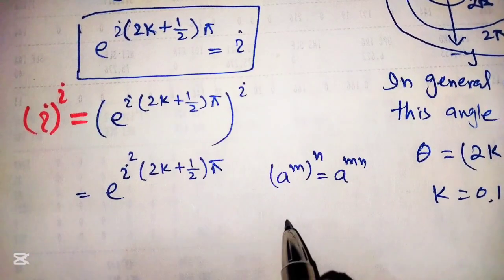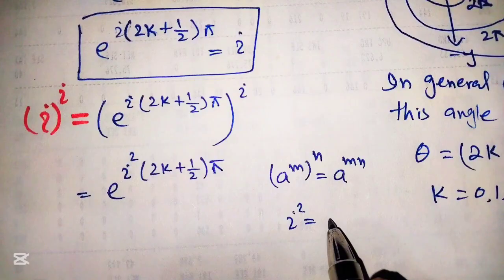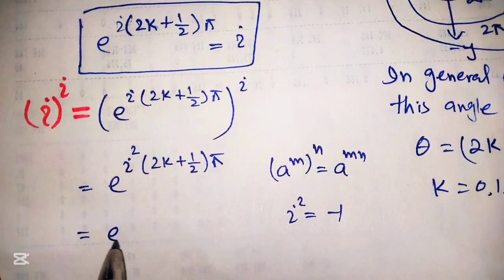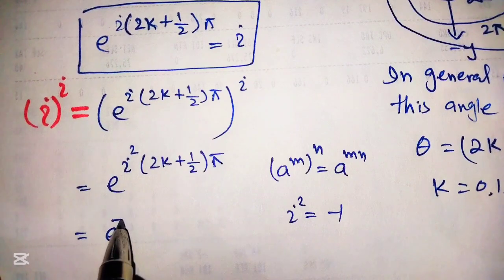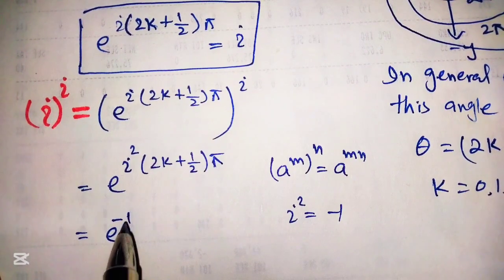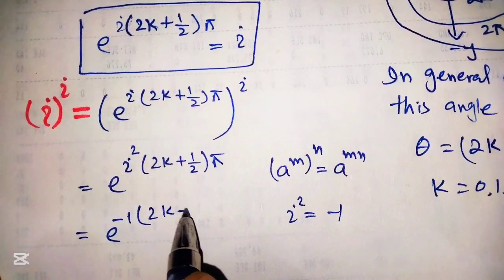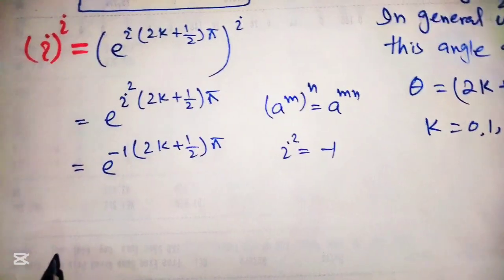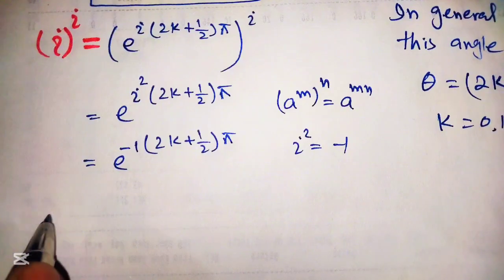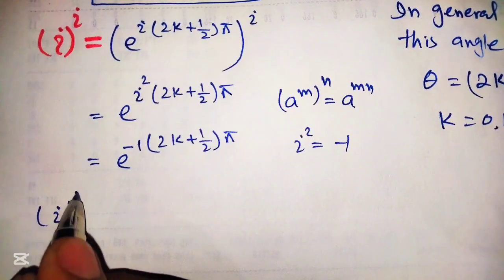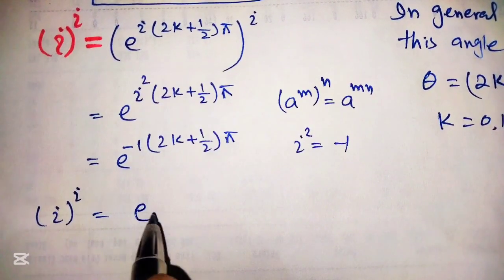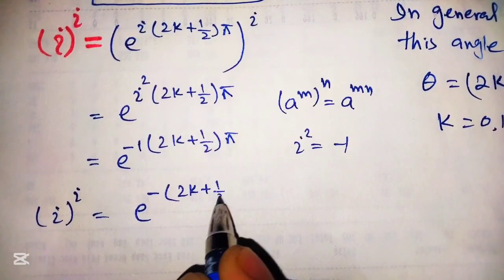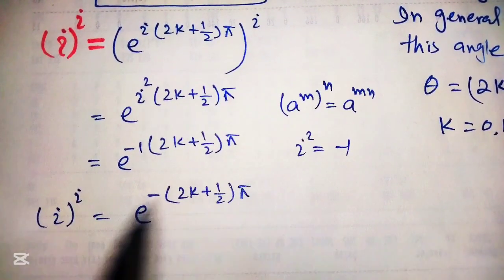Now iota square is equal to minus 1. So putting this value here, we will get e raised to power minus 1 into (2k plus 1) over 2 pi, and from this we can write iota raised to power iota is equal to e raised to power minus (2k plus 1) over 2 times pi.